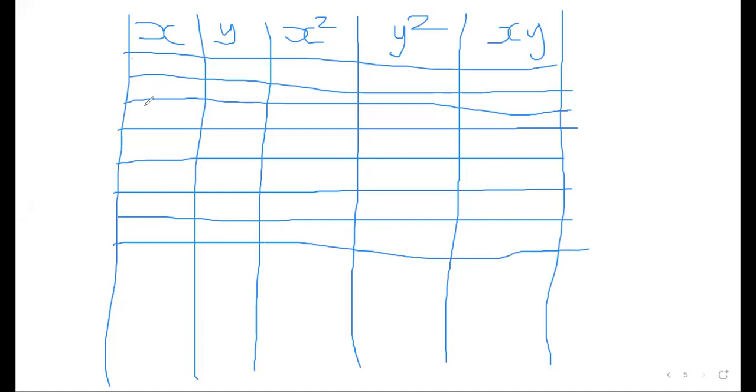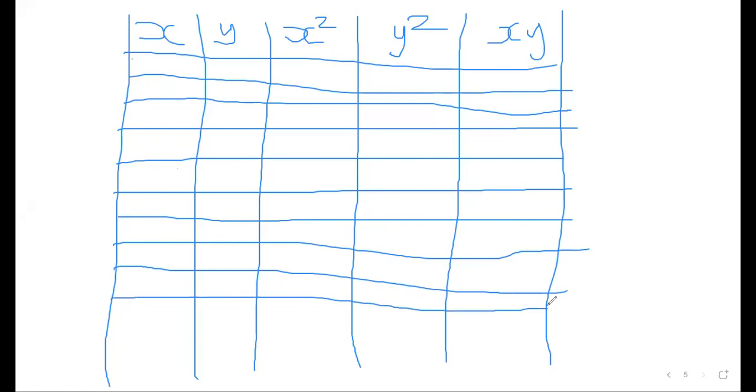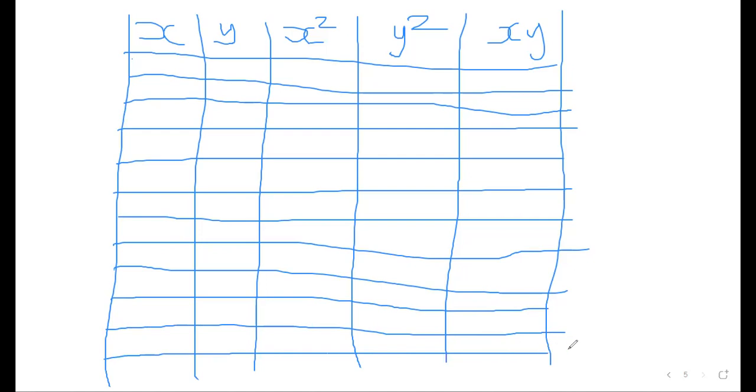So 1, 2, 3, 4, 5, 6, 7, 8, 9, 10, 11. This one is for the totals.